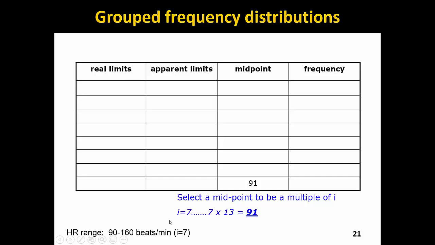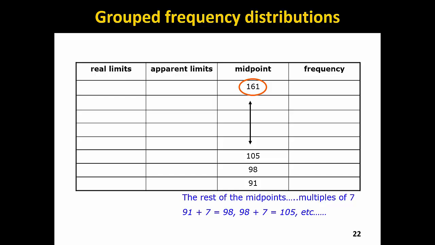Since the interval width is 7, we know that 90 is going to be captured within that interval. So we take the 91 and we start our table at the very bottom with the midpoint value. That becomes our first midpoint. We then move up in multiples of 7 until we get to the highest point, which is 161.